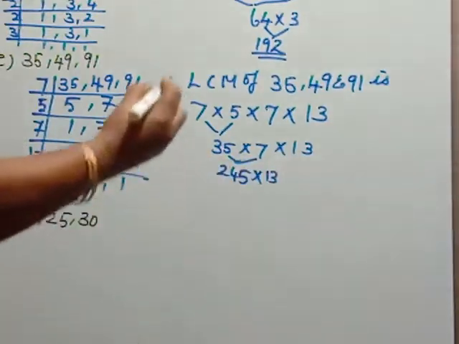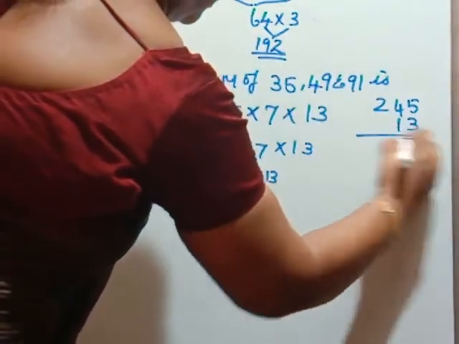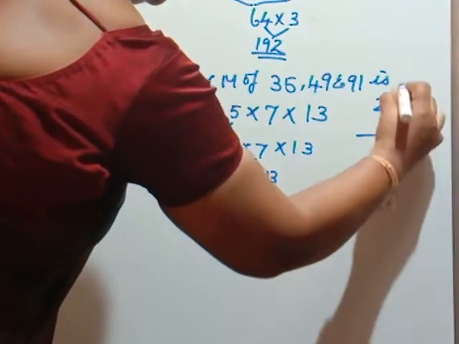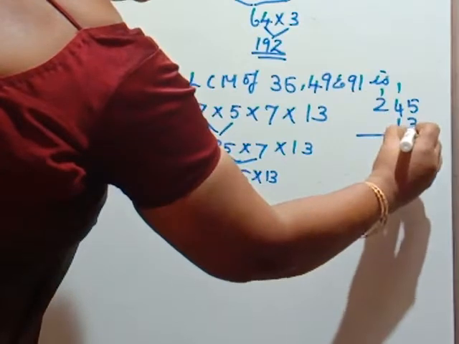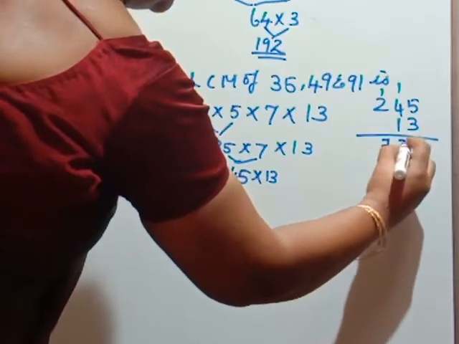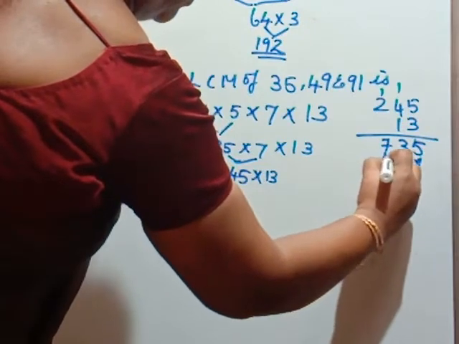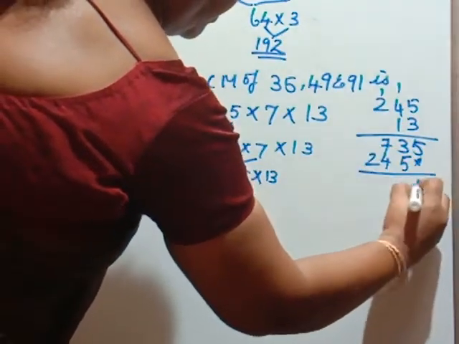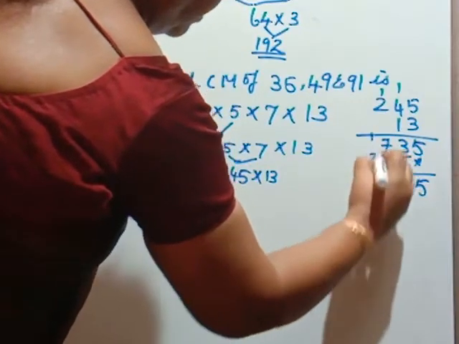Now 245 into 13, I will do it here. 5 3's are 15, remainder 1. 4 3's are 12, 12 plus 1, 13. Remainder 1. 2 3's are 6, 6 plus 1, 7. 1's over, so 10. 5 4 2, 5, 8, 7 plus 4, 11, remainder 1.